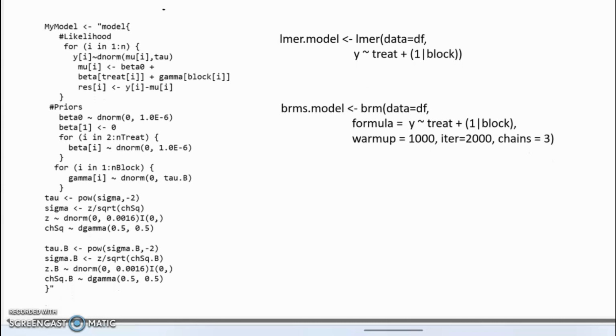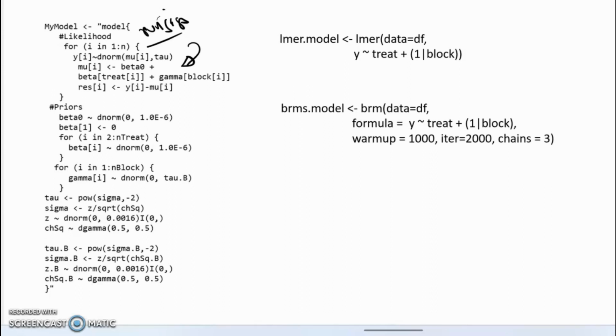So here we've got the runjags code, and you can see that it's pretty complicated. In contrast, if we look at the LMER function of LME4, it's pretty straightforward, pretty simple code. And the whole idea about BRMS is we've got this BRM function that's going to implement this Bayesian analysis, something very similar to this, running in the background.